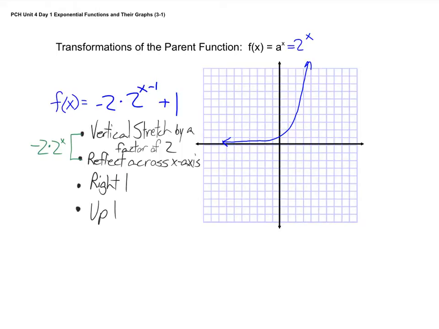So, you'll notice here all of the points that we have on our original graph, we have, of course, the y-intercept, we have 0, 1, we have the point 1, 2, we have the point 2, 4, and we have the point 3, 8.